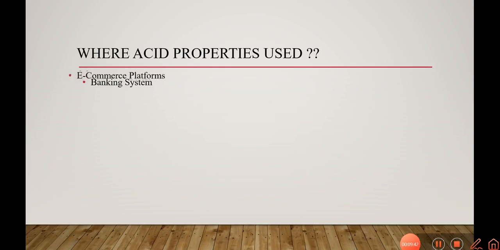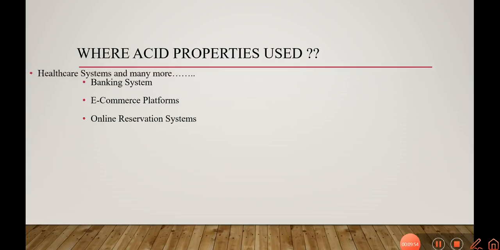Another example is e-commerce platforms, online reservation systems where we book a train ticket or a flight, and healthcare systems too. In all these systems RDBMS is involved, so ultimately the ACID properties come into play.